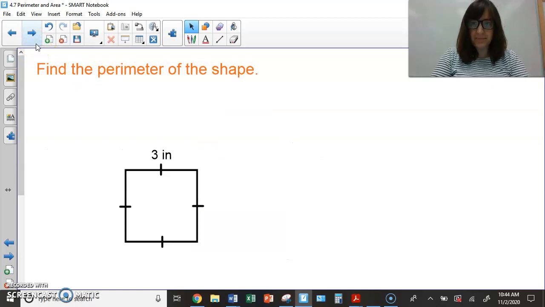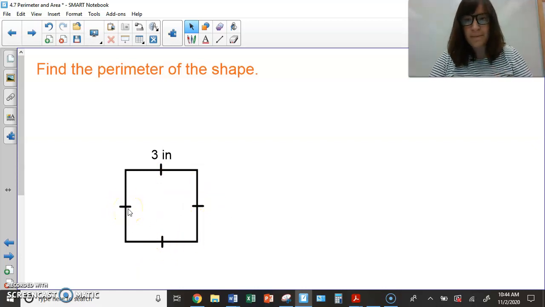So let's look at this shape right here, okay? This shape is a square, and it has these little lines on the square. These lines are telling me that this side is equal in length to this side, and it is also equal in length to this side and to this side.